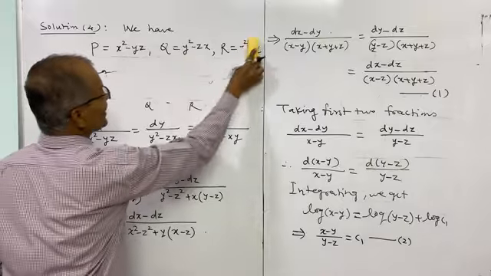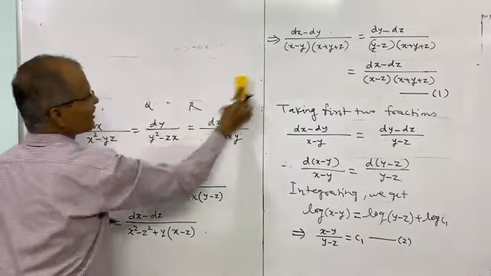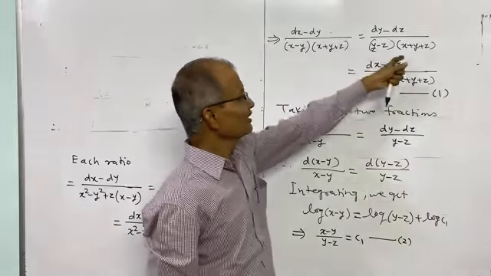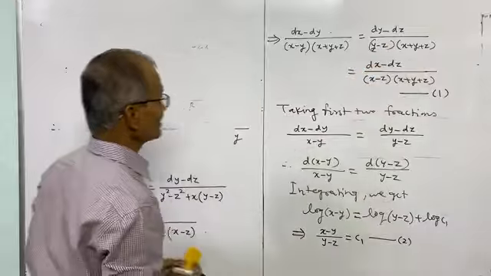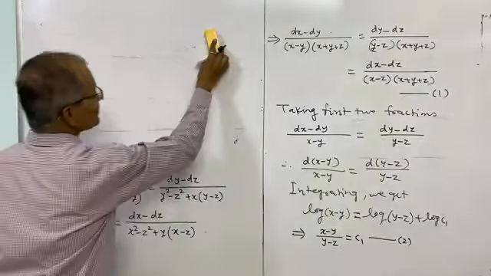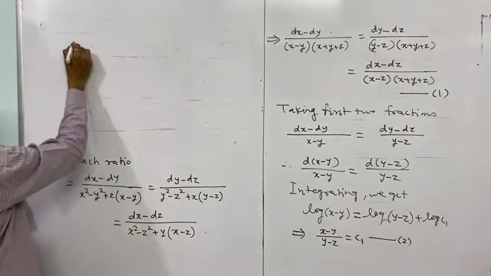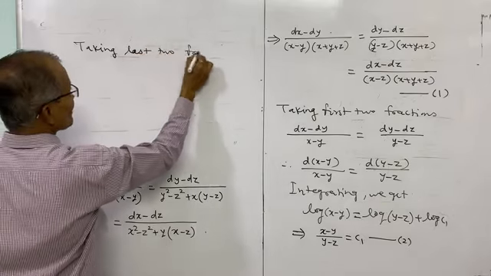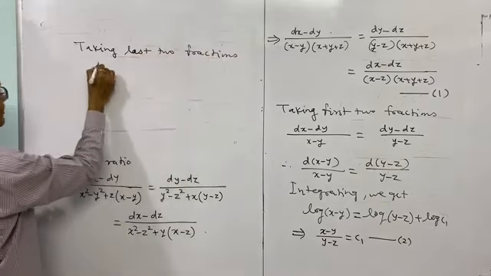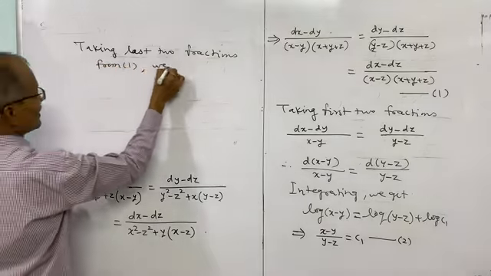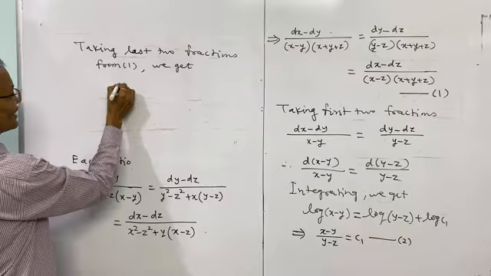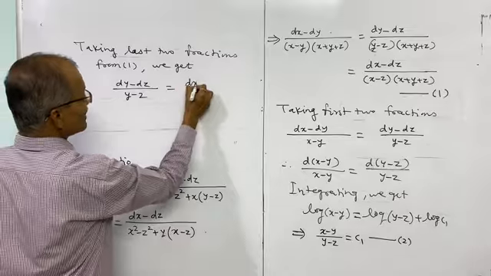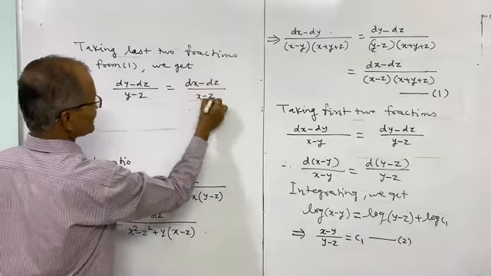Now what can be done for the second solution? Now you may observe easily from one. Now equate second and third, or equate first and third, any. This factor cancels and we get another solution. So taking the last two fractions from one, we get dy minus dz divided by y minus z is equal to dx minus dz divided by x minus z.